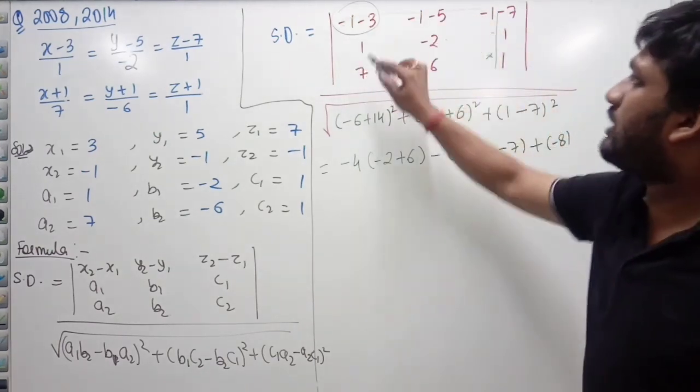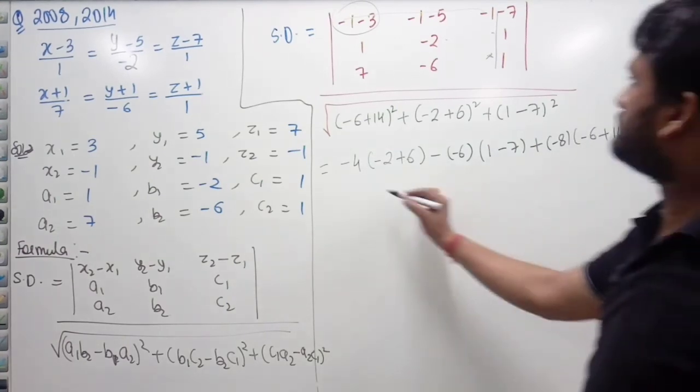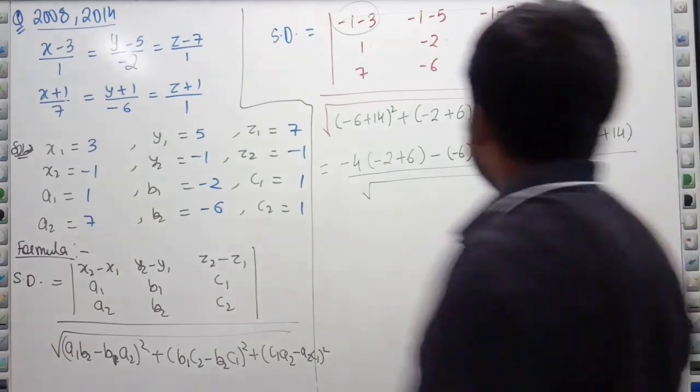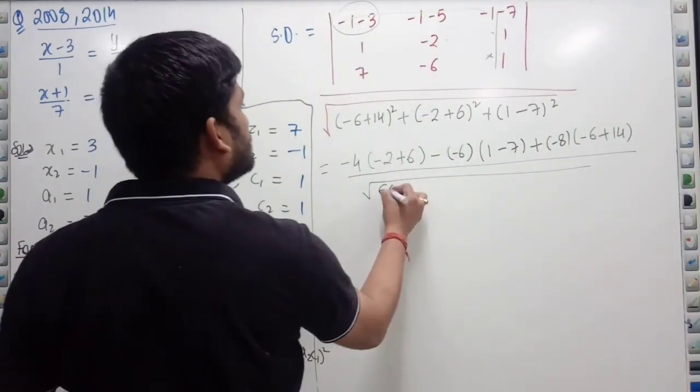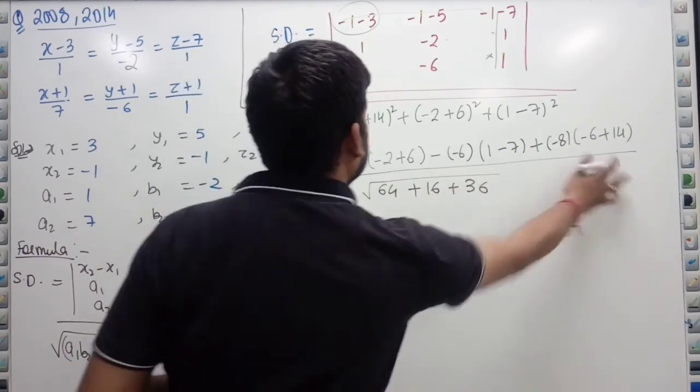Row column delete करो. -6 plus 14 whole upon under root. This will be 8 square 64, 4 square 16 and 6 square 36.